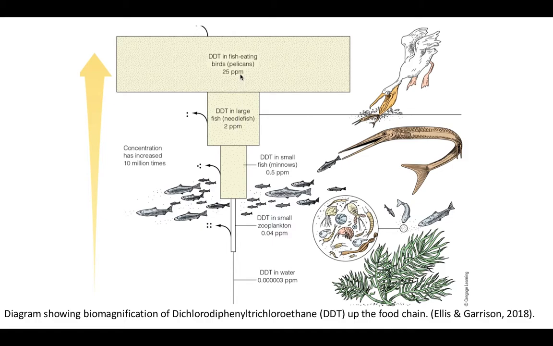So once you get to the top predator, in this case a pelican, it is present at 25 parts per million, which would be toxic to this bird. Now note that this all started from water that had very little actual DDT in it. But as you move up the food chain, up trophic levels, you see a higher concentration to the point that it's toxic.